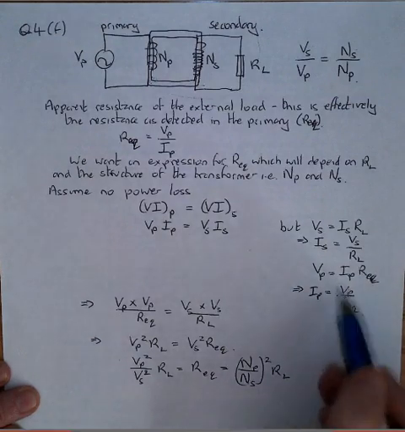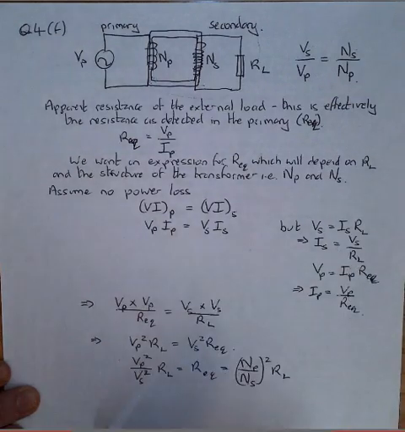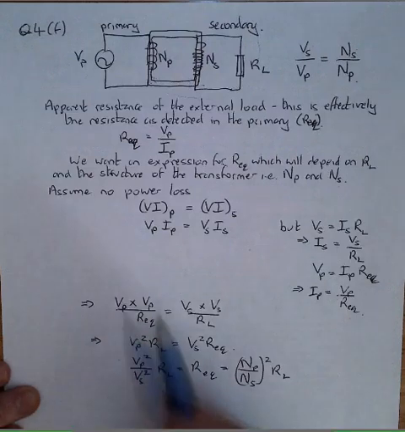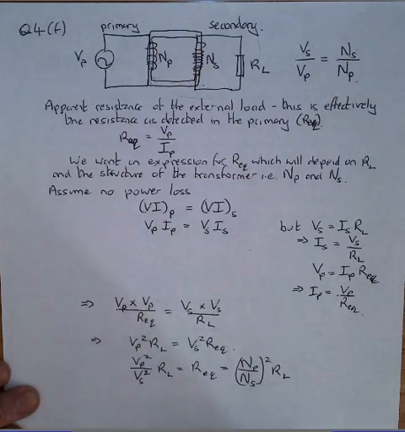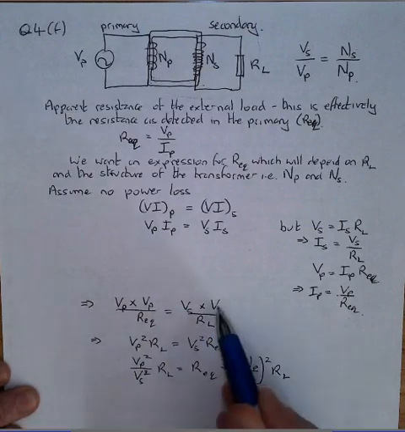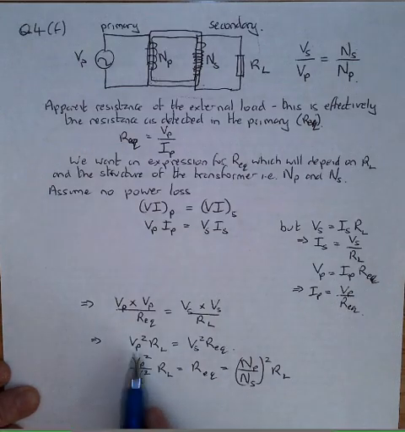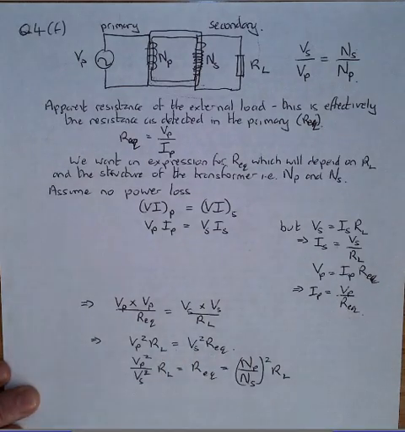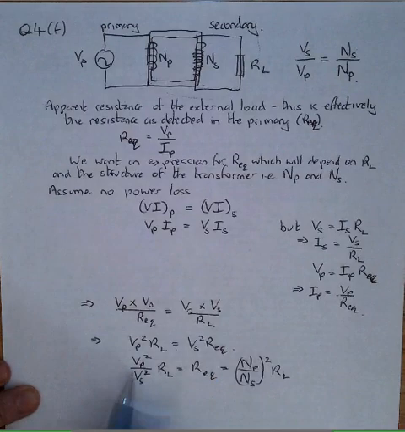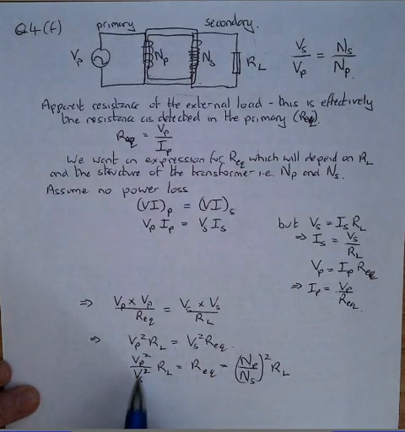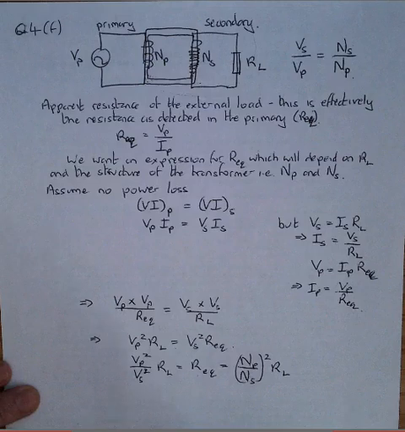Right. We sub both those currents back into this expression here. So Vp multiplied by Vp over R equivalent equals Vs multiplied by Vs over RL. Cross multiply everything so you're not dealing with fractions: Vp squared RL equals Vs squared R equivalent. This gives you this relationship, and we've now got R equivalent on its own, but we haven't got things in terms of the structure of the transformer.